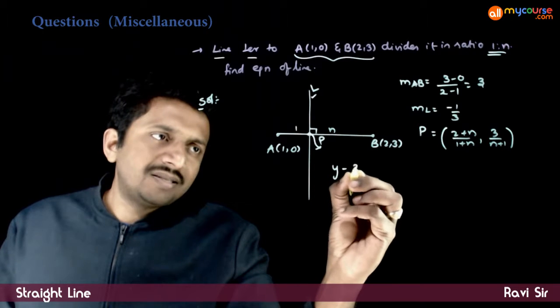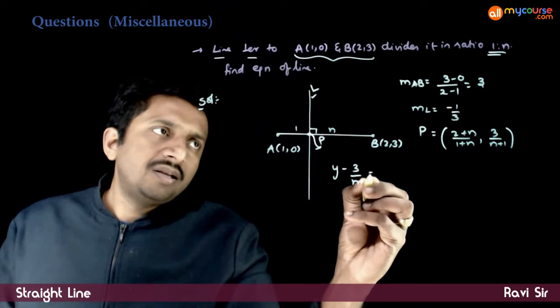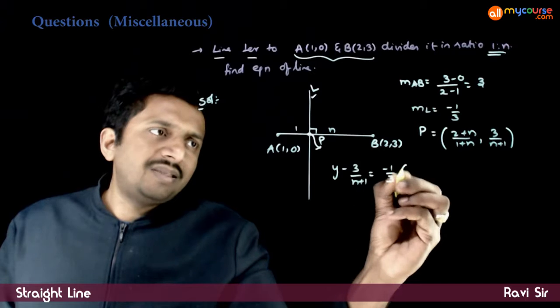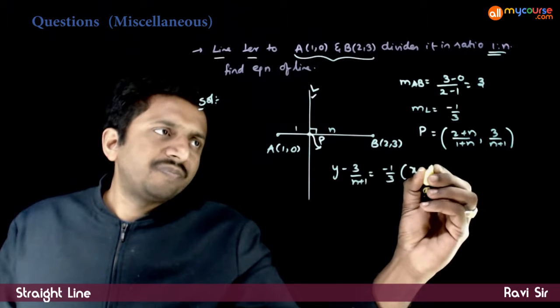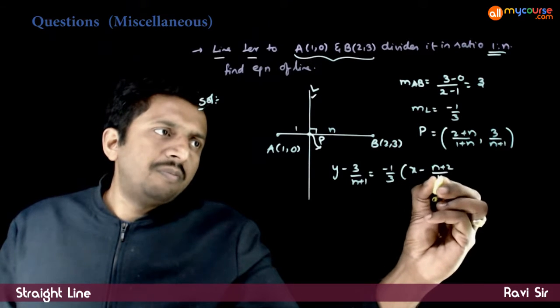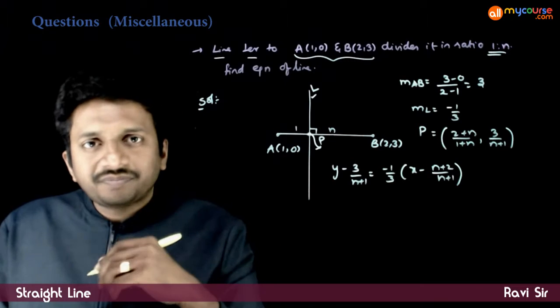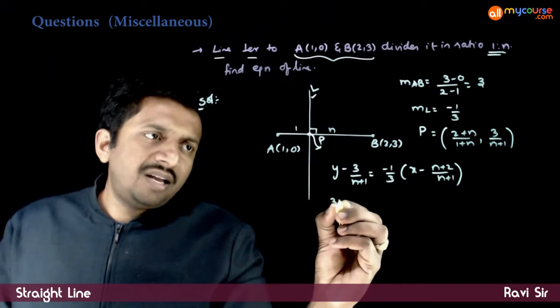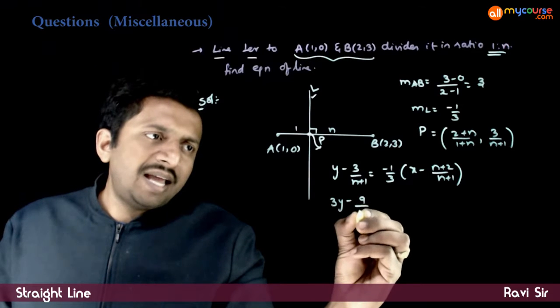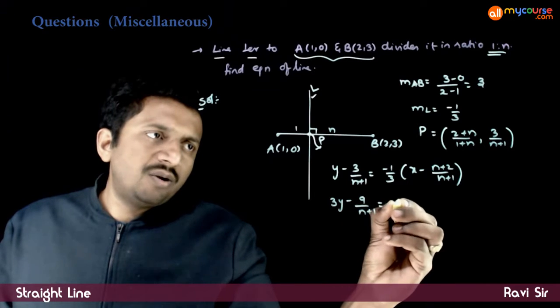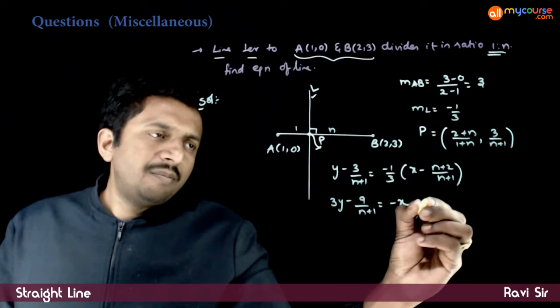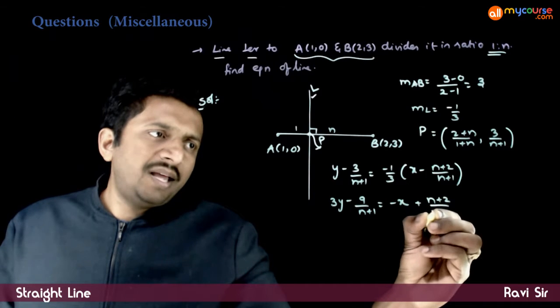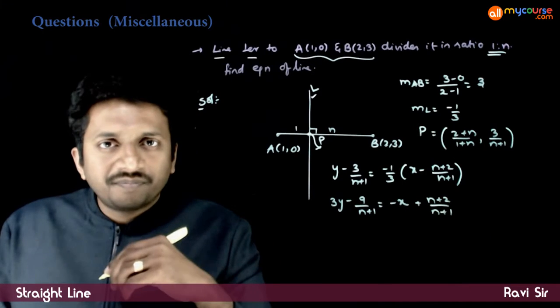So y minus 3 by (n plus 1) is equal to minus 1 by 3 times (x minus (n plus 2) by (n plus 1)). We do the cross multiplication. You get 3y minus 9 by (n plus 1) is equal to minus x plus (n plus 2) by (n plus 1).